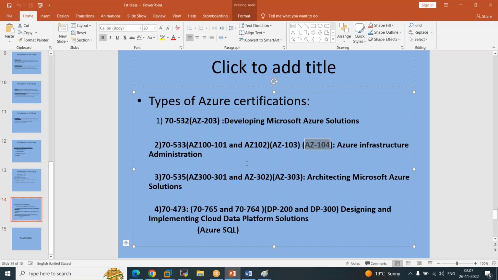There is a thread-based licensing model and a vCore-based licensing model. You have to choose according to the situation. The thread-based purchasing model will save you more than vCore-based, but you have to know the trade-off of when thread-based is used and when vCore is used. I'll explain in the discussions how you can save the cost.